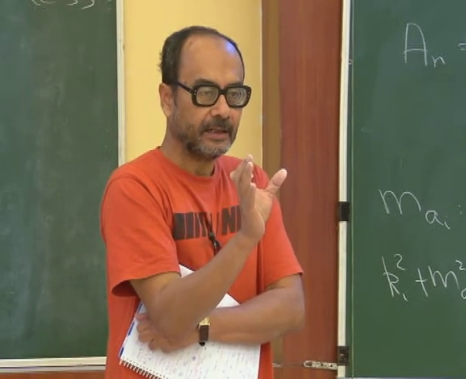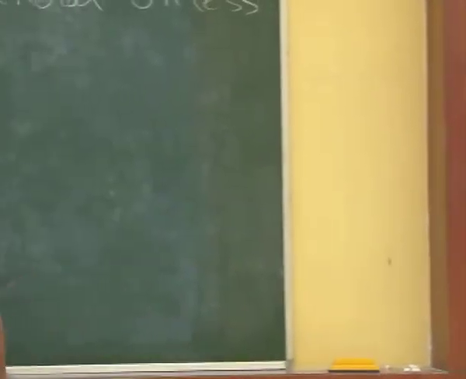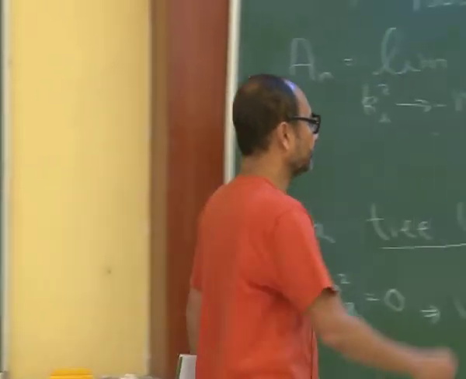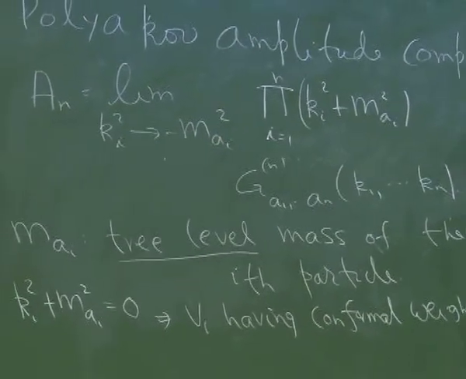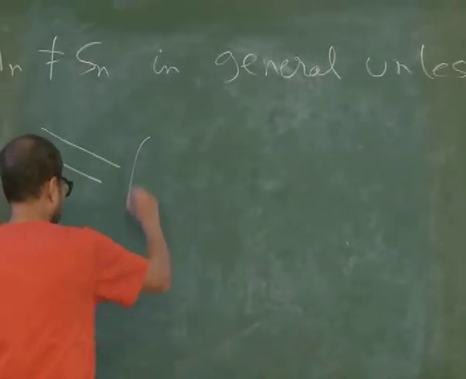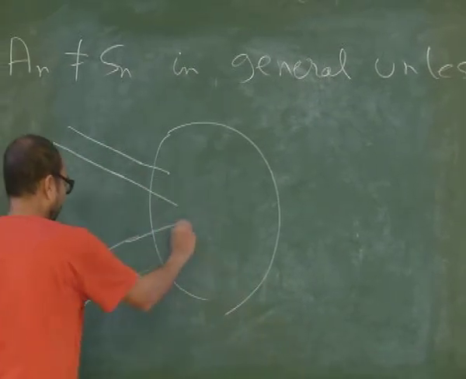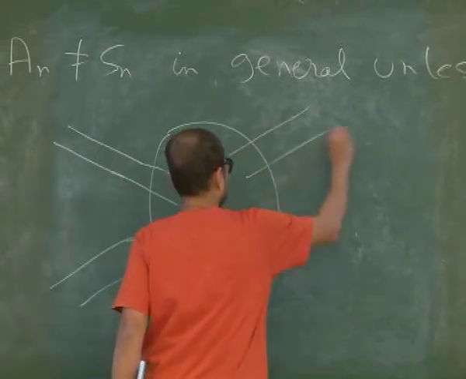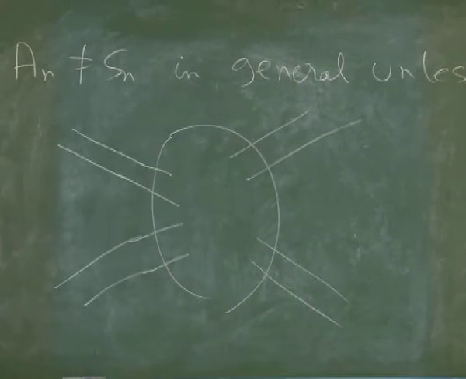Okay. In the Polyakov amplitude, what it does is that it removes some external cylinders. Essentially what the Polyakov amplitude does is that you take on shell states, you make them propagate for infinite time, and then you compute the amplitude.